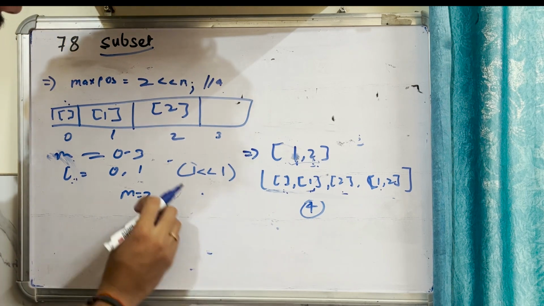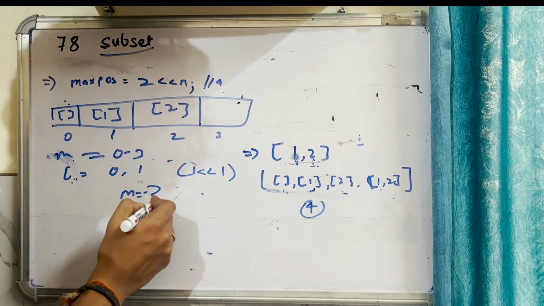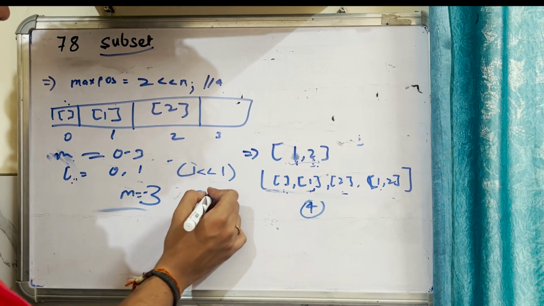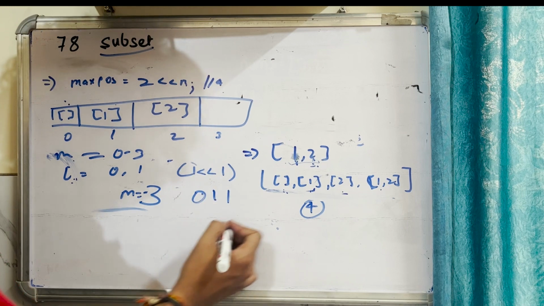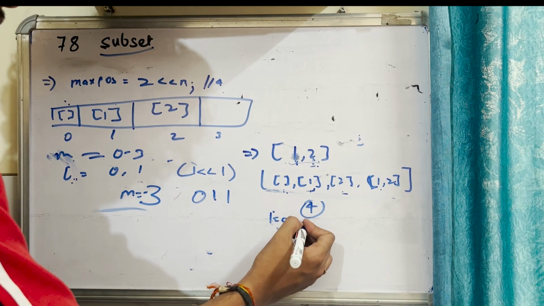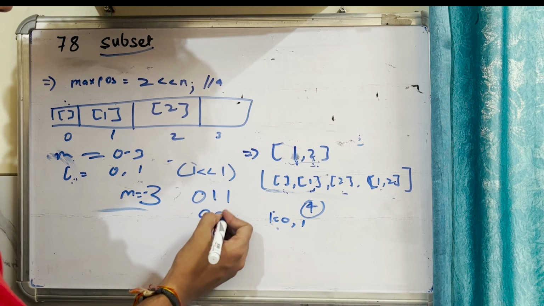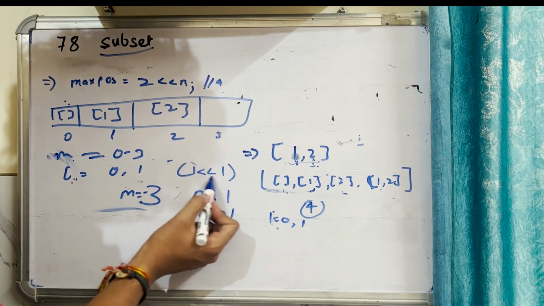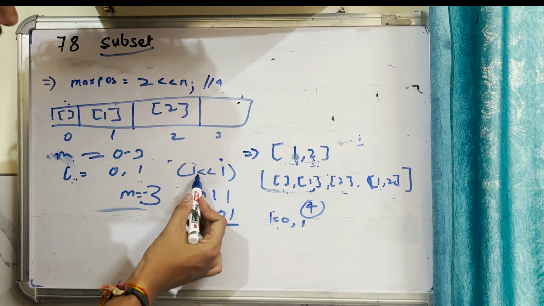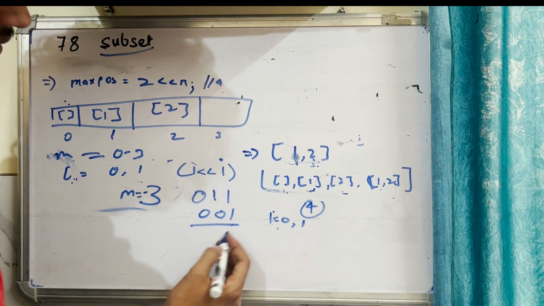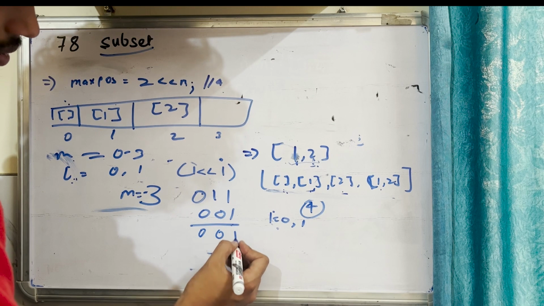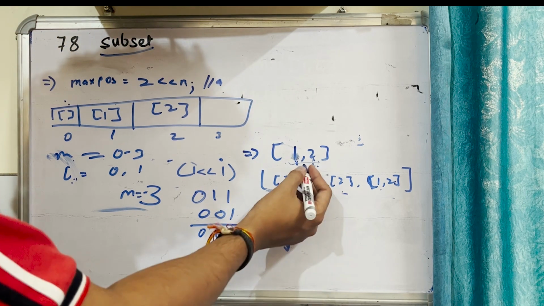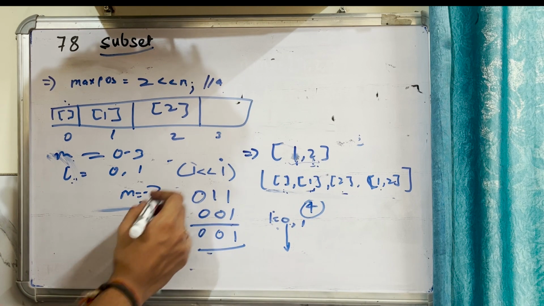And next, for m equals 3, we'll write it like this, i equals 0, and we have i equals 1. So for 0, we are using 1 left shift i. So 1 left shift of 0 will be this, which will give you this. So we will insert the 0th element of this array at the third position.